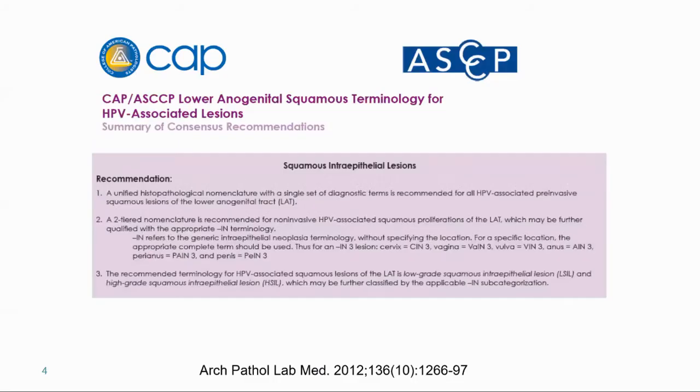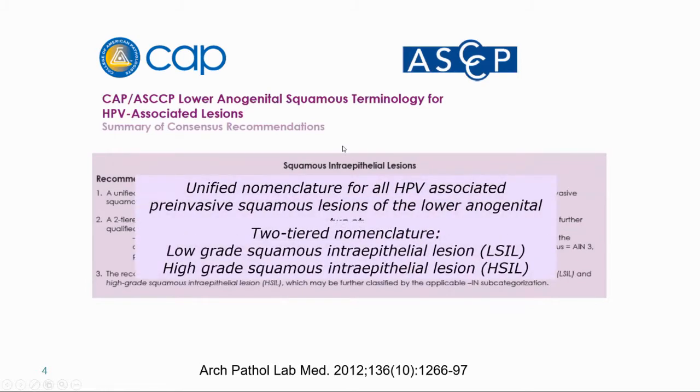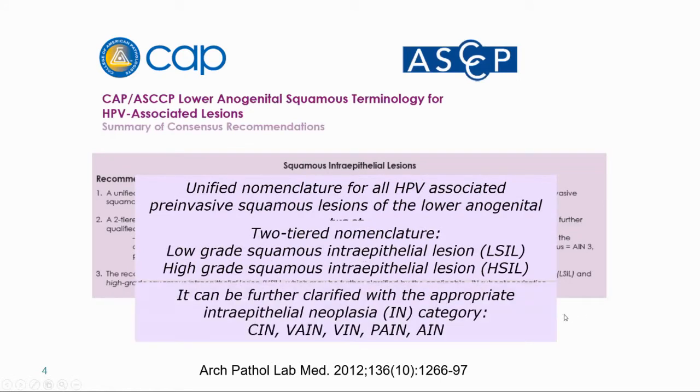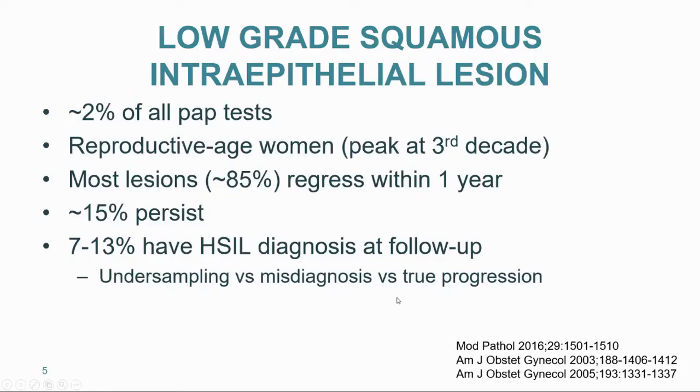Hopefully by now, we are all familiar with the lower anogenital squamous terminology for HPV-associated lesions in the cervix, which recommends a two-tier classification of low versus high-grade lesions that correlates with the previous terminology that we had for different anatomic sites in the lower anogenital tract that followed the intraepithelial neoplasia nomenclature. This intraepithelial neoplasia nomenclature is still relevant in certain scenarios, which we're going to discuss today.